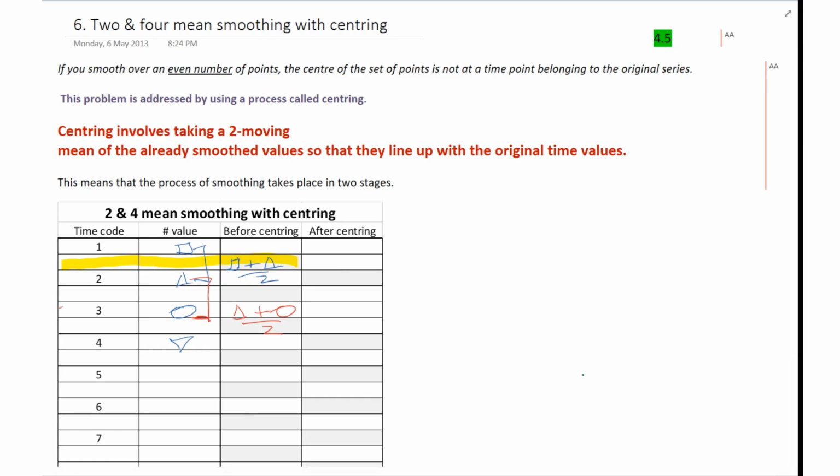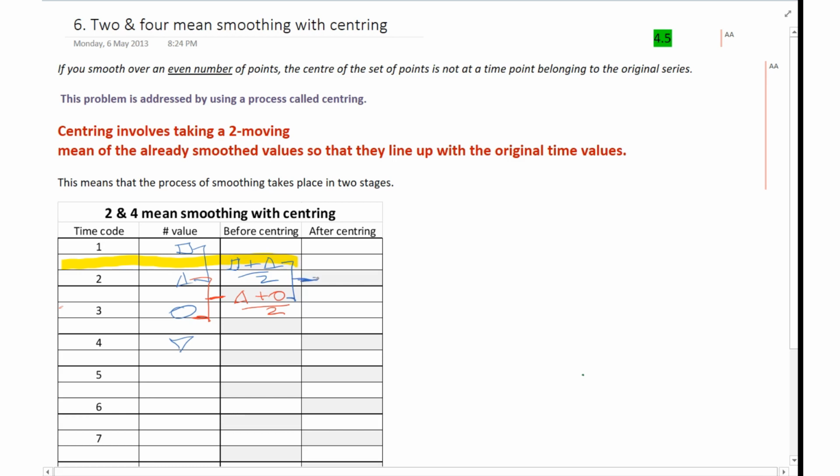And I did it in the wrong spot. I actually did color these for specific reasons. So that's going to go in there. Triangle plus circle divided by 2, and each of those gives me some particular values. Then by centering it, what I'm doing is joining these two up.